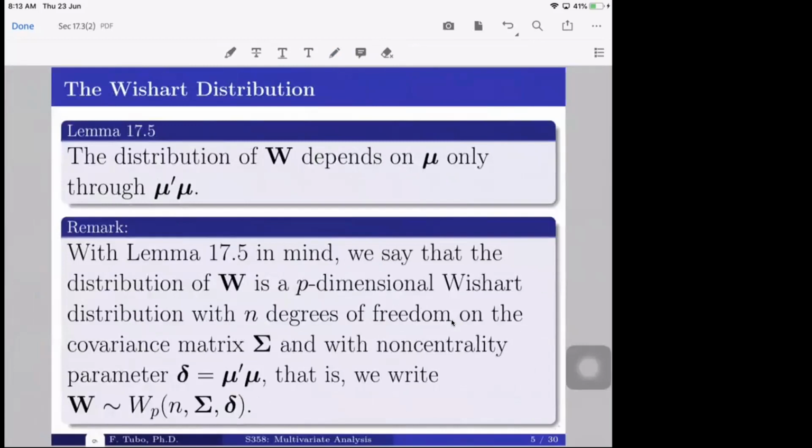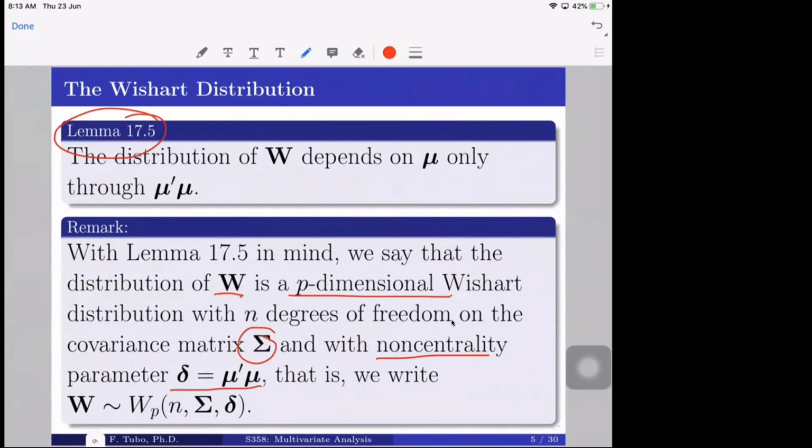So remark, with this lemma in mind, we say that the distribution of W is a p-dimensional Wishart distribution with n degrees of freedom on the covariance matrix sigma, and with a non-centrality parameter mu prime mu.